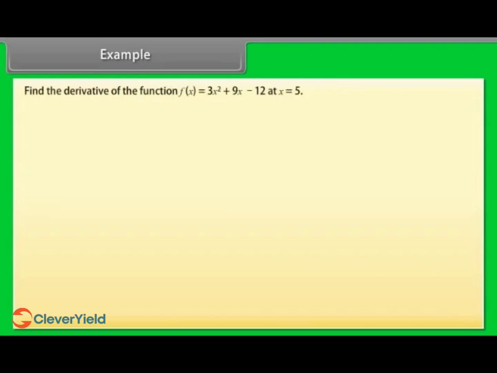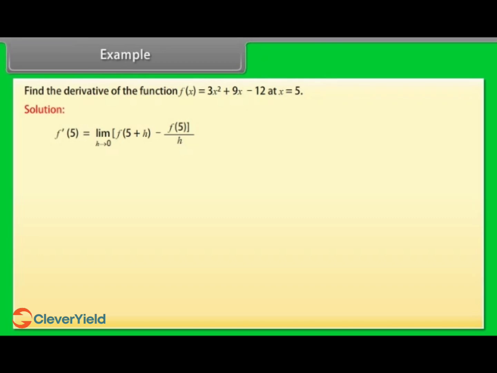Example. Find the derivative of the function f of x is equal to 3x square plus 9x minus 12 at x is equal to 5. Solution. f dash of 5 is equal to limit h tends to 0 of f of 5 plus h minus f of 5, by h.